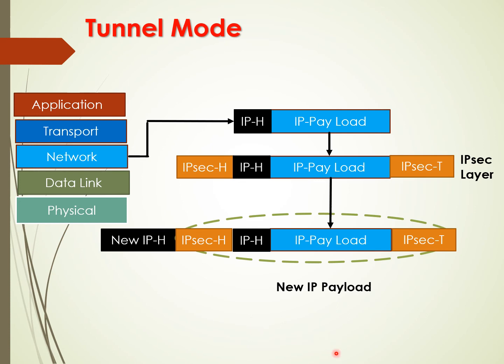One more difference is that the IP security layer is introduced between the transport layer and the network layer in transport mode, but in tunnel mode IP security is introduced in the network layer itself. And the last difference is that a new IP header is not added in transport mode, but in tunnel mode a new IP header is added.